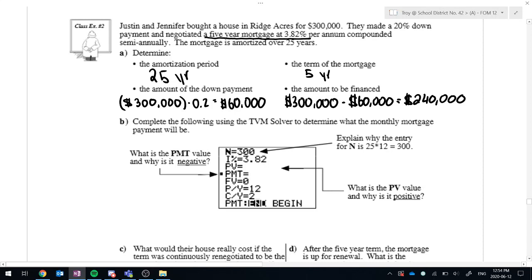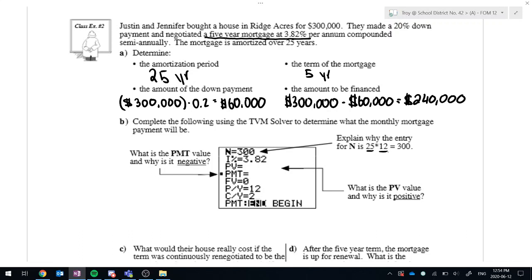If the question doesn't define exactly how often they're paying, we can assume that they're paying monthly. That's the most common situation. Okay, so it's a 25-year mortgage, and they're paying 12 times a year. So that's going to give us 300 payments. Our interest rate that they negotiated, 3.82, right from the question.